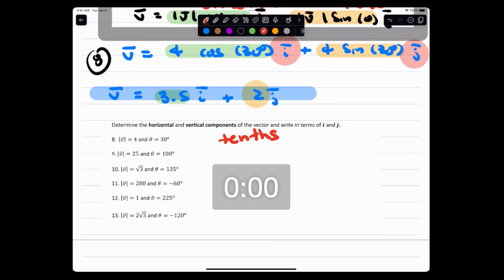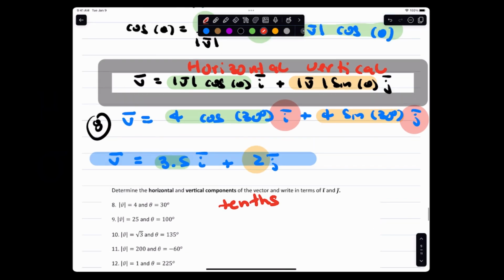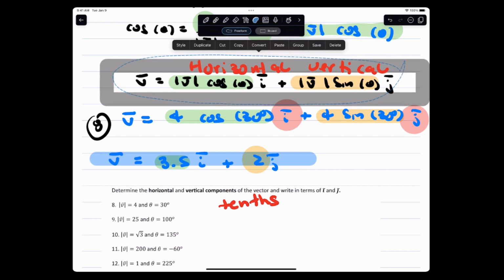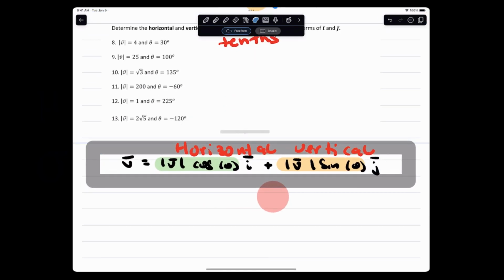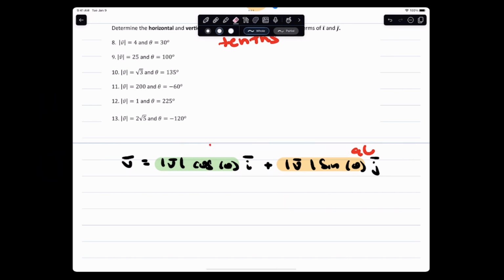All right, so ladies and gentlemen, let's try these out ourselves, okay? So remember, you're going to use the horizontal and vertical component form when you're given the magnitude and direction.